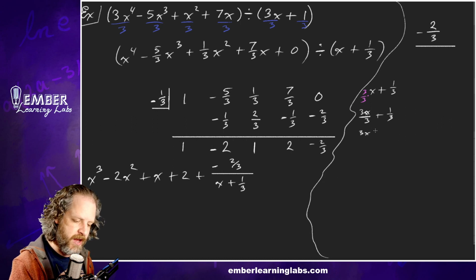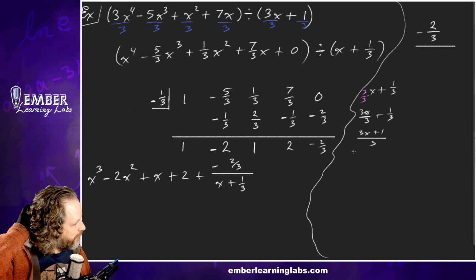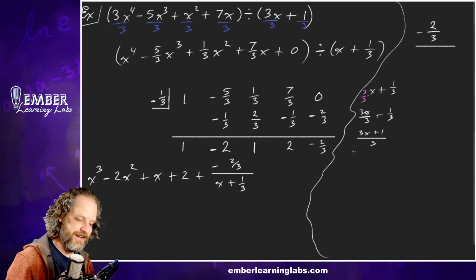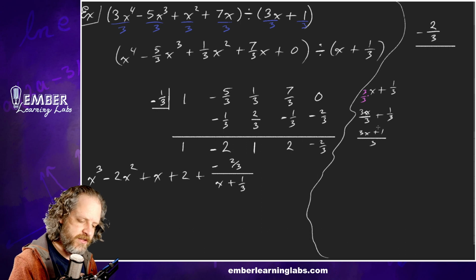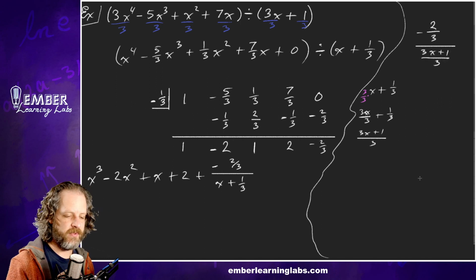So 3x plus 1, and the denominator stays the same, so 3, right? We're going a lot back to middle school in this particular lesson. So we turn this denominator into 3x plus 1 over 3.